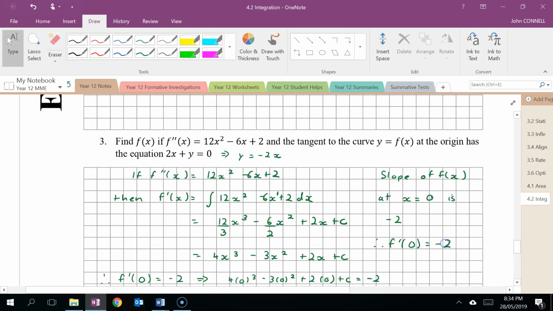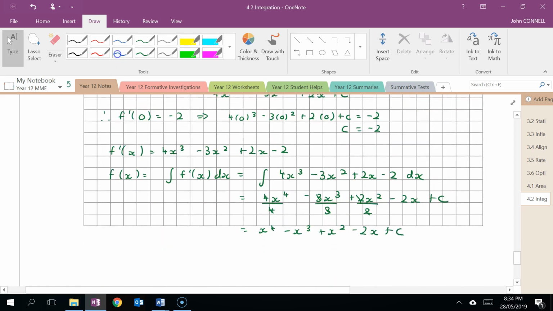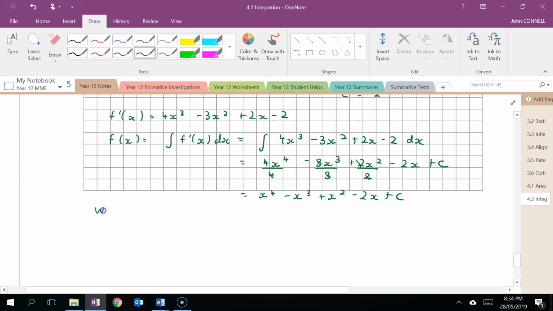And then if I go back up, when x equals 0, we know that the tangent to the curve is at the origin, which means the function must go through the origin. So when x equals 0, y equals 0, so f of 0 must equal 0.